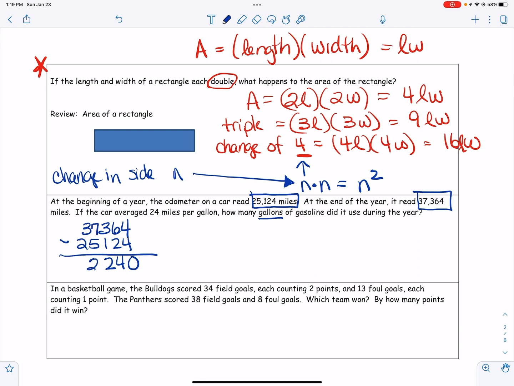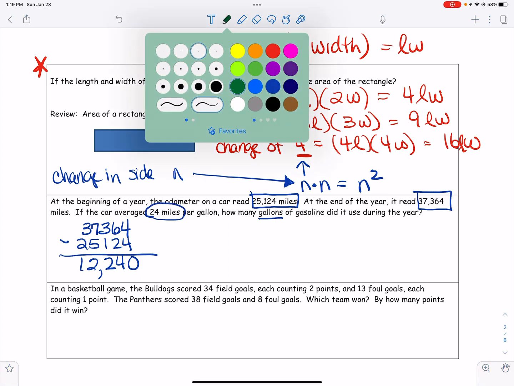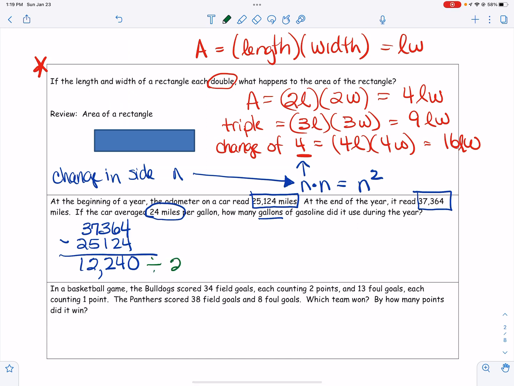So it looks like we went 12,240 miles. And so now we are going to take that and we are going to divide by the average miles per gallon. So when I divide by 24, I get 510 gallons of gas. Okay?